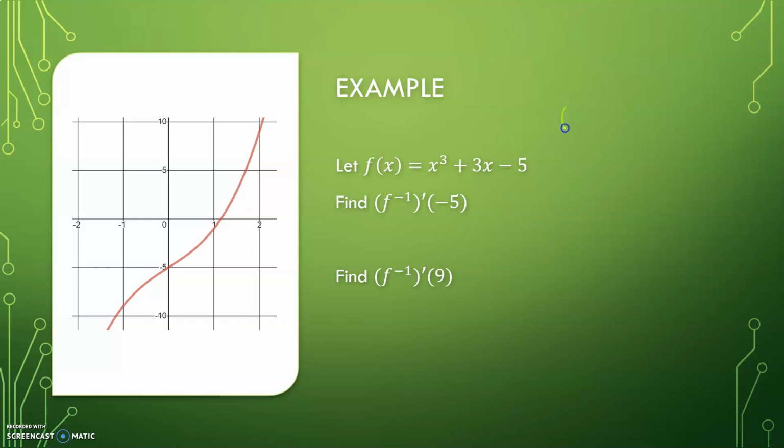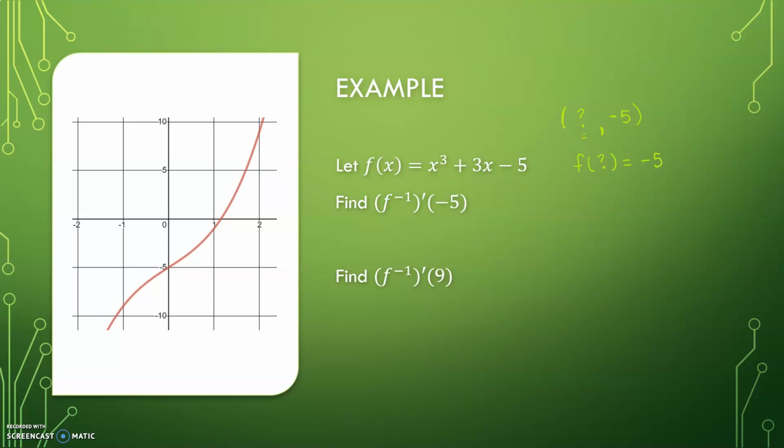So remember, that means that since -5 is the x coordinate on the inverse, there must be some y coordinate, some x coordinate on f that gives me -5. So f of something would give me -5.